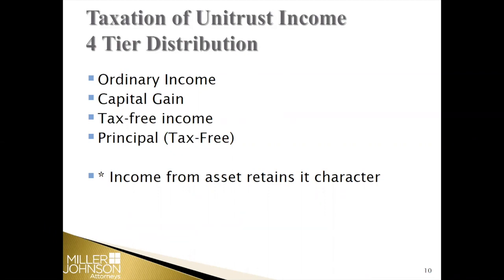So to the extent that there is ordinary income from the trust investments, that'll be taxed first when it's paid out. And then if there's gain, then gain and down the line there. The income from the asset retains its character. So a lot of people ask, if I have that farmland or low basis stock and it goes into the charitable remainder trust, do I ever have to pay the gain?